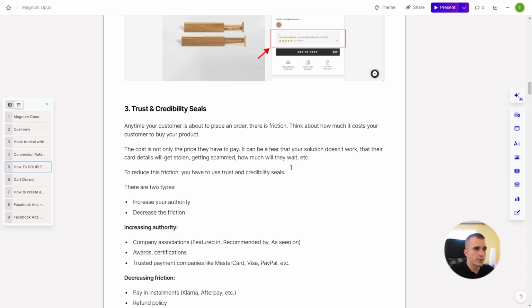These are all frictions pulling your customers down when it comes to placing your order, and you want to reduce this friction as much as possible. That's why Amazon is such a successful brand, because they have really reduced that friction. There's one-day delivery, there are refunds, there are tons of other things. So for that reason you want to reduce this friction, and now we're going to cover how you can do that.